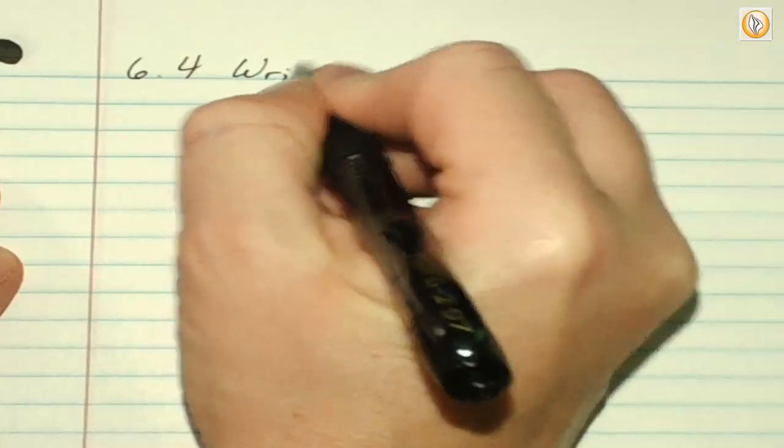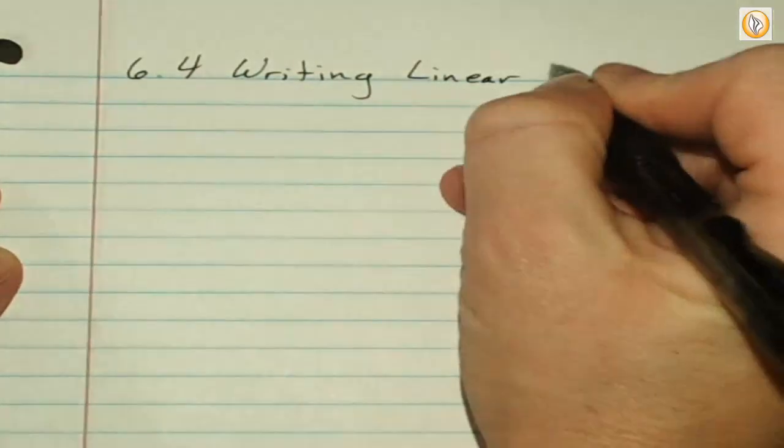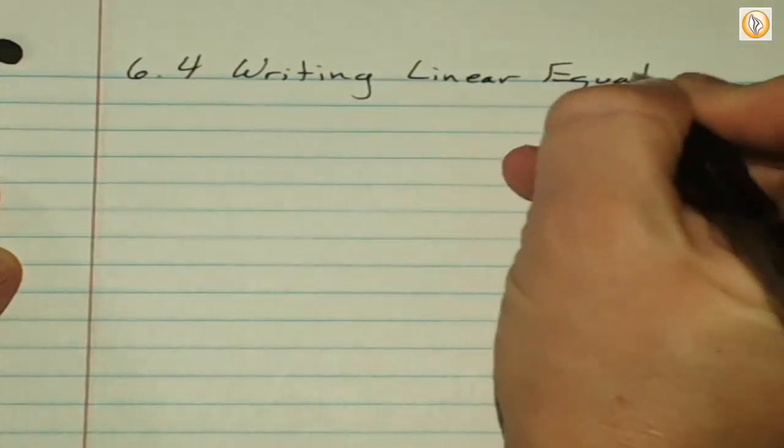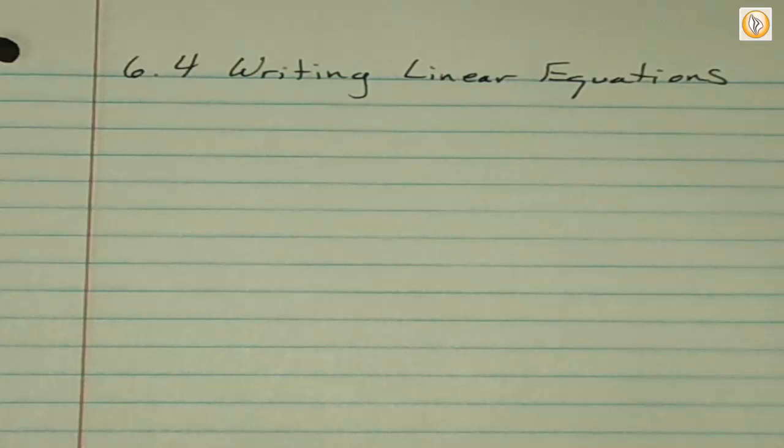6.4, we are writing linear equations. Remember when I assigned all those IXLs and there were one or two where you said, Miss Rogers, you haven't taught this to us? This is it. This is the stuff I hadn't taught you.